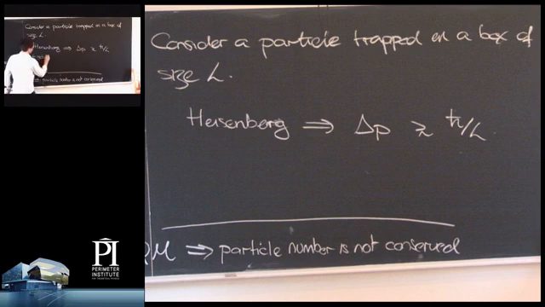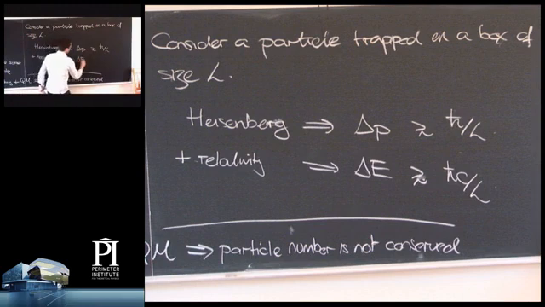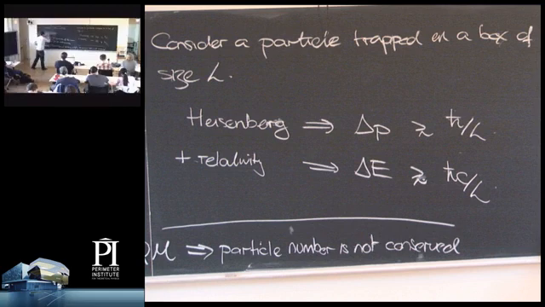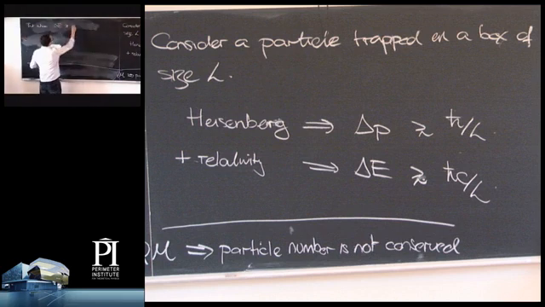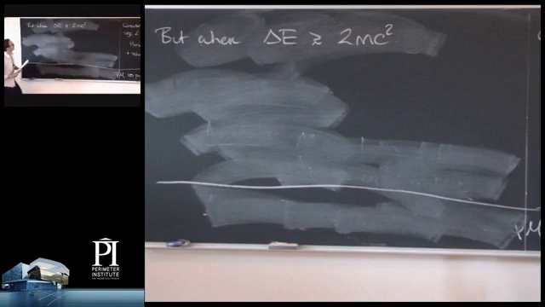So plus relativity is going to tell us that there's an uncertainty in the energy which is of order h bar times c over L. But when the uncertainty in the energy is getting so large that it's comparable to the mass of the particle you started with, then there's enough uncertainty for you to start creating particle-antiparticle pairs out of the vacuum.